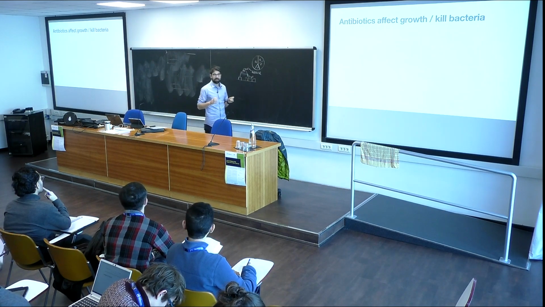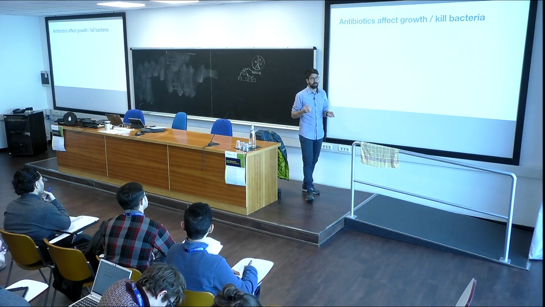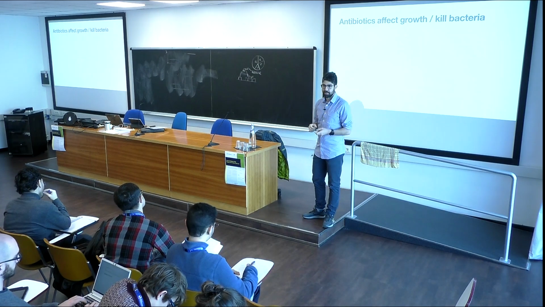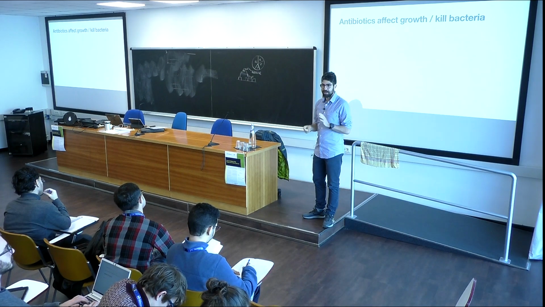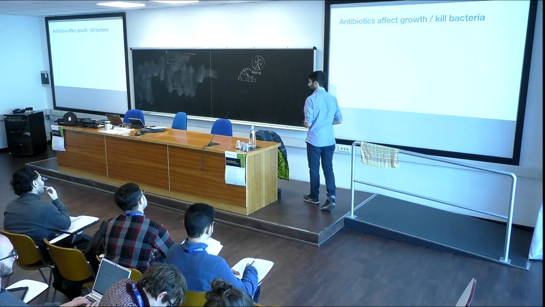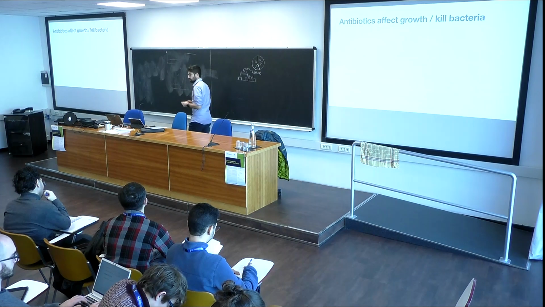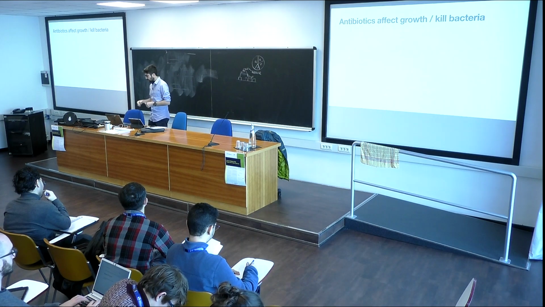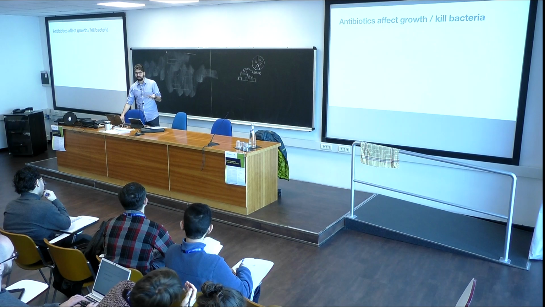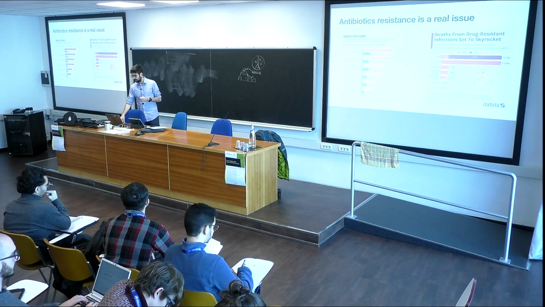Bacteria are very used to the existence of antibiotics, because they are substances produced by other organisms to kill each other, okay? They are toxins that different organisms produce to kill other organisms. So it's something that is in the everyday experience of natural bacteria.